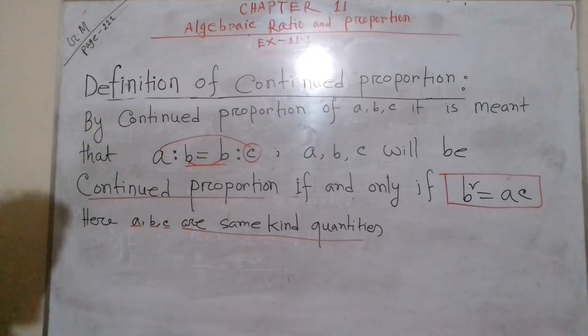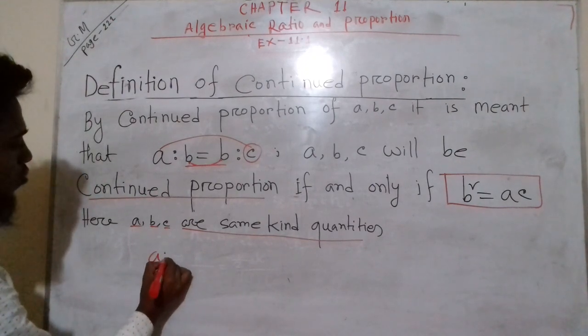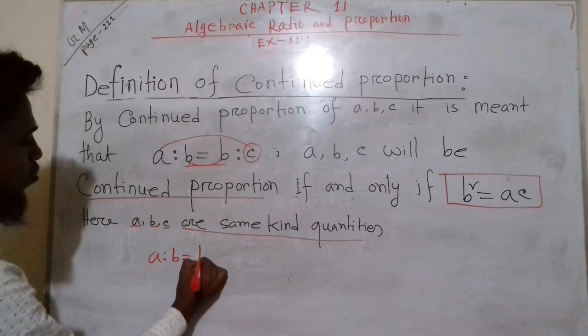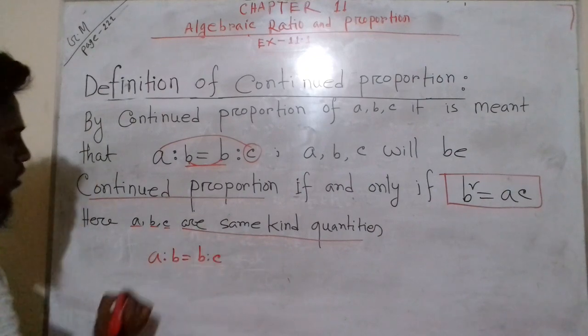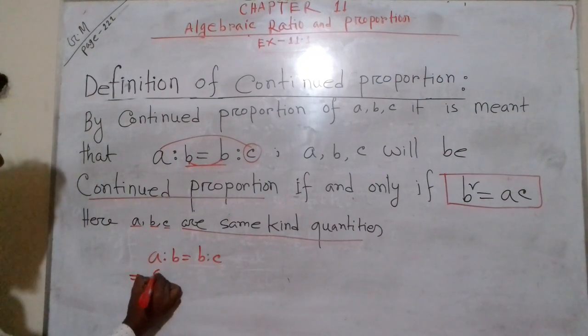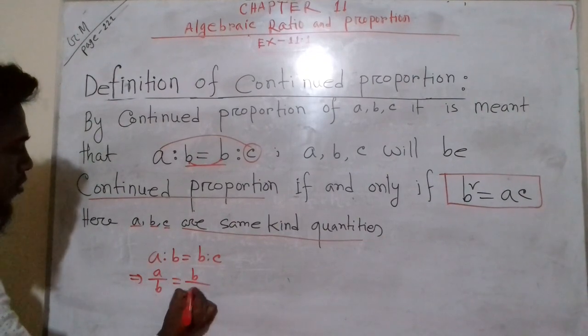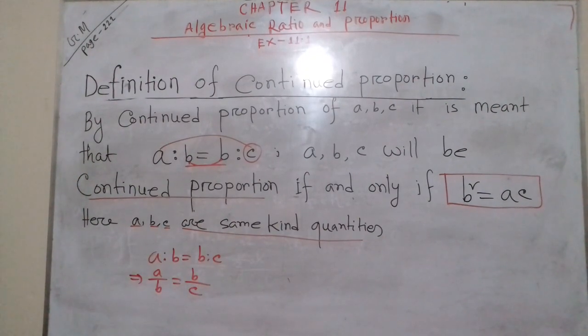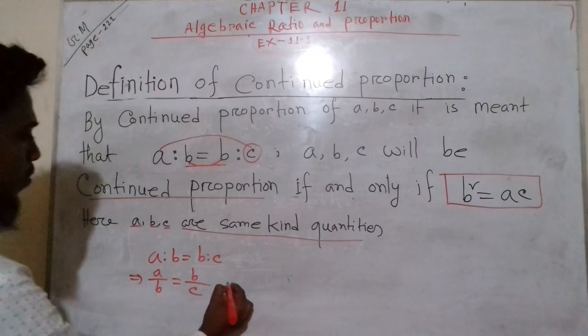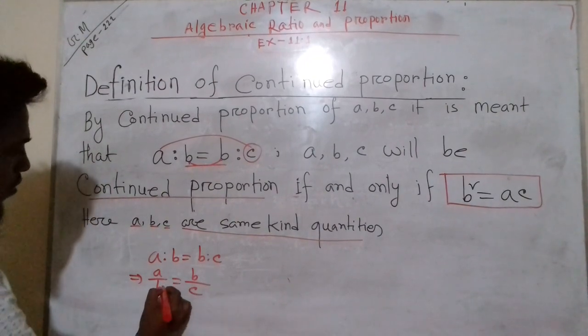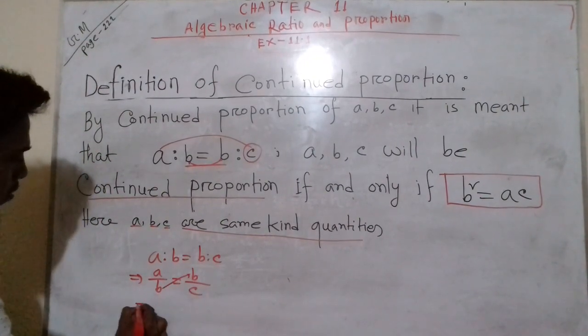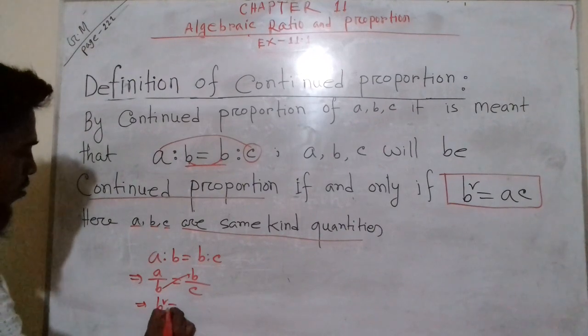So we can write A is to B equal to B is to C. This implies A by B equal to B by C. Cross multiply, so B square equals AC.